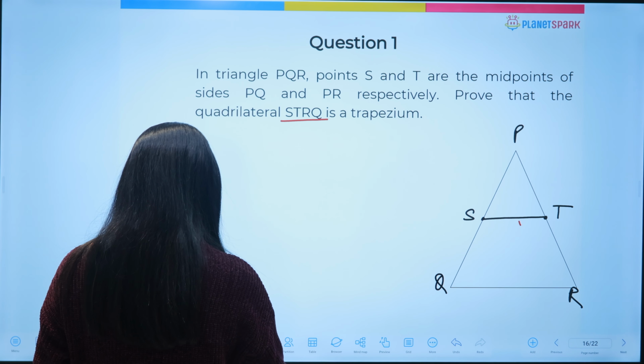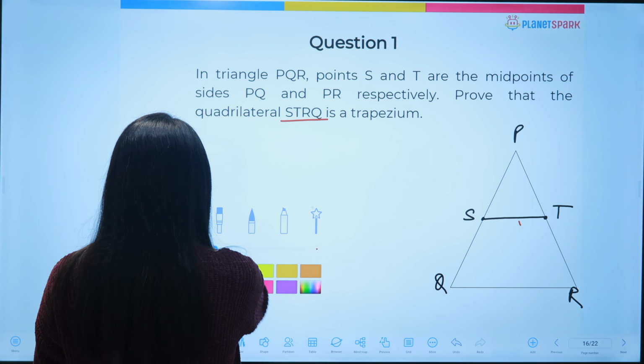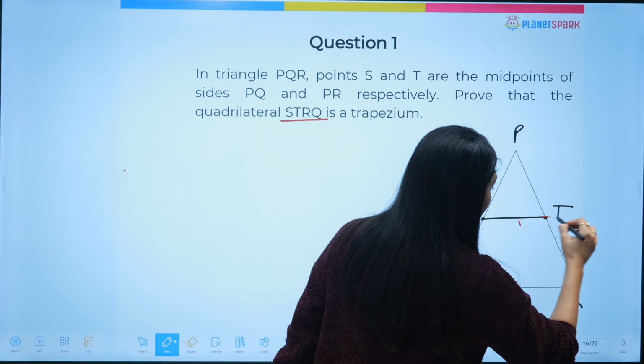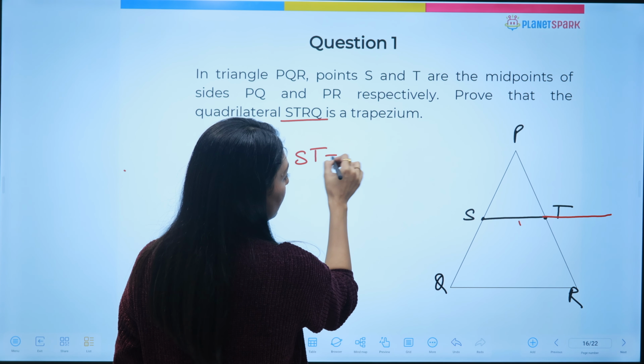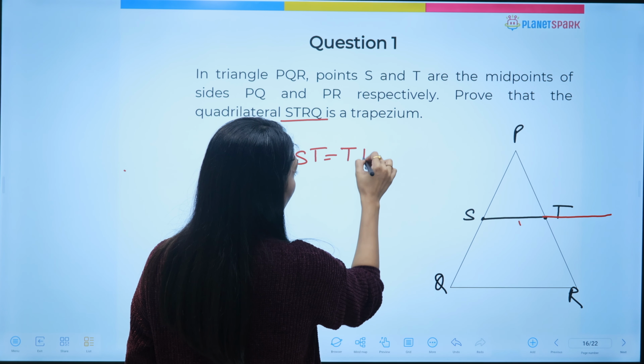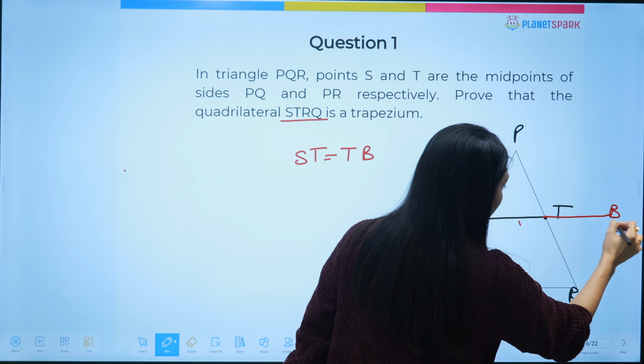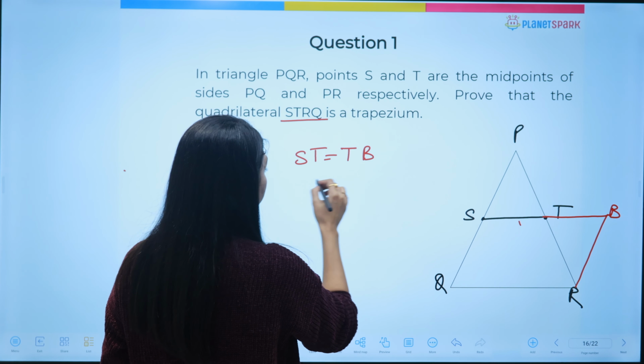Let's do that same proof as we did for the midpoint theorem. Extend the construction in such a way that ST is equal to TB. Let's say this point is B. Then join BR.